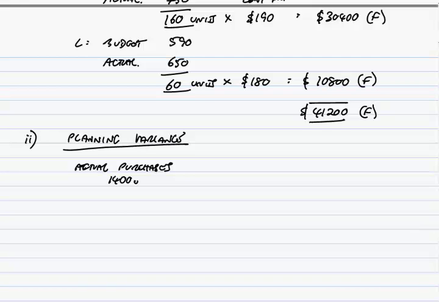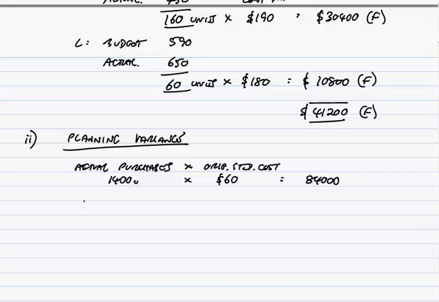And for the planning variance, you're comparing the original standard cost. So we originally expected it to cost, what is it, $60? So we originally expected to spend $84,000 for our actual purchases.